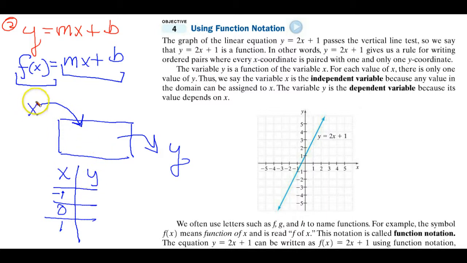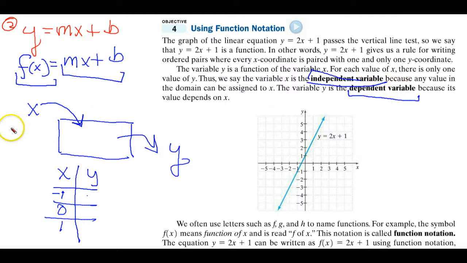Now, a way to look at the x here is, this is an independent variable. It's independent because we are putting it there and saying it's -1. Now, by putting the -1 into the machine, this formula, it comes out as something. So depending what goes in, the independent, we get a value that comes out that is the dependent variable.